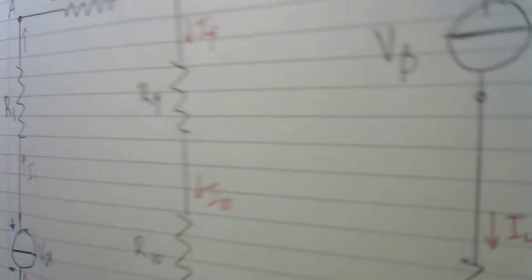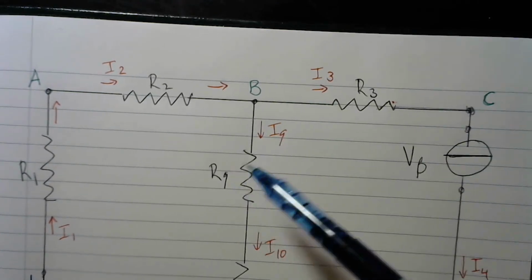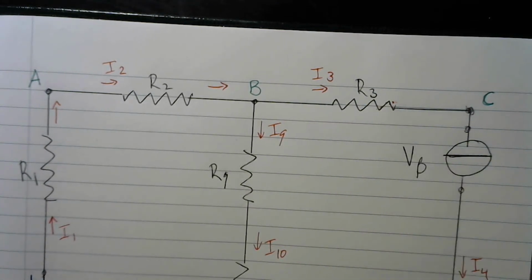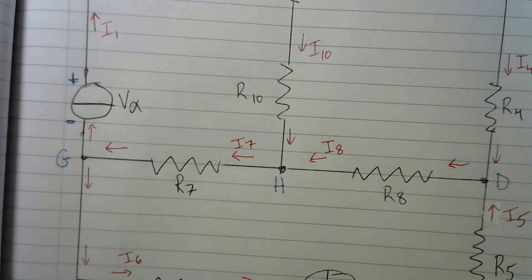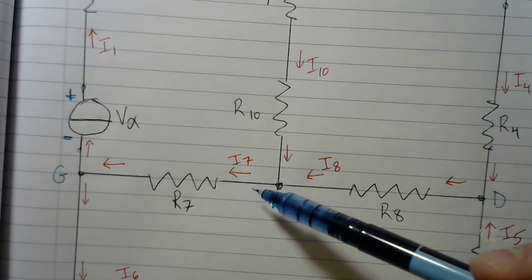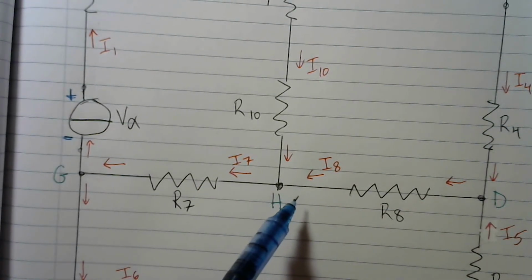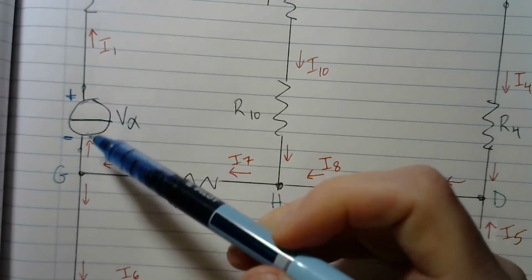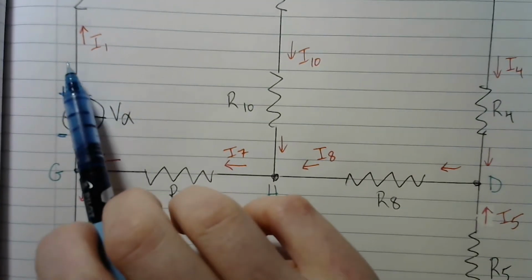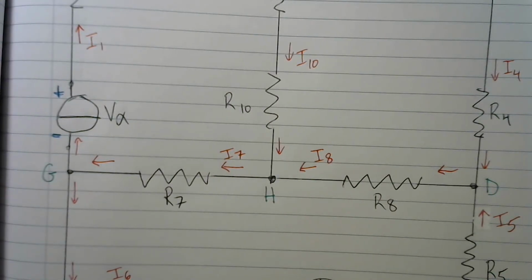So again, going around your circuit diagram, make sure that you're paying attention to the direction of the currents and whether you are passing through a resistor in the same direction as the current or in the opposite direction. And then for the batteries, whether you're going from negative to positive, or the other way from positive to negative.